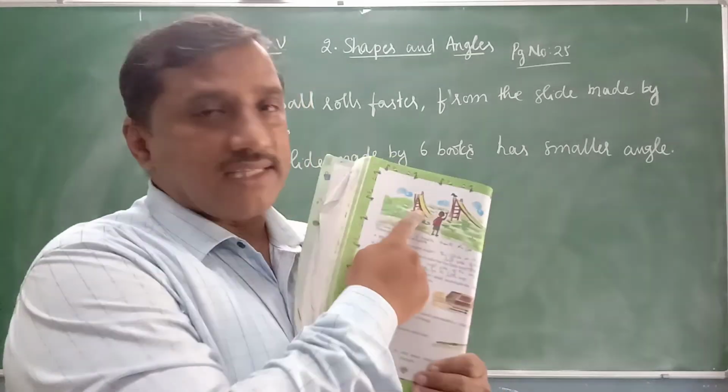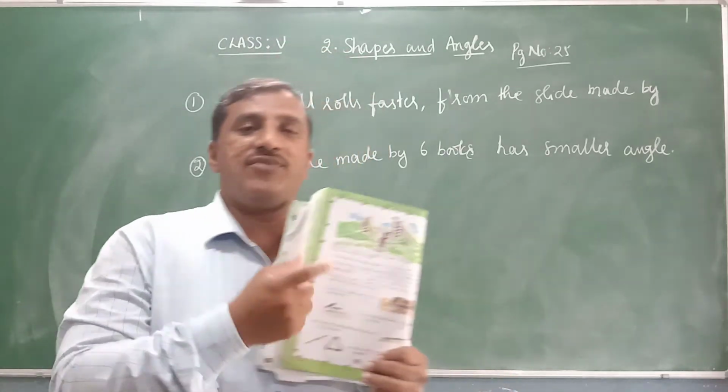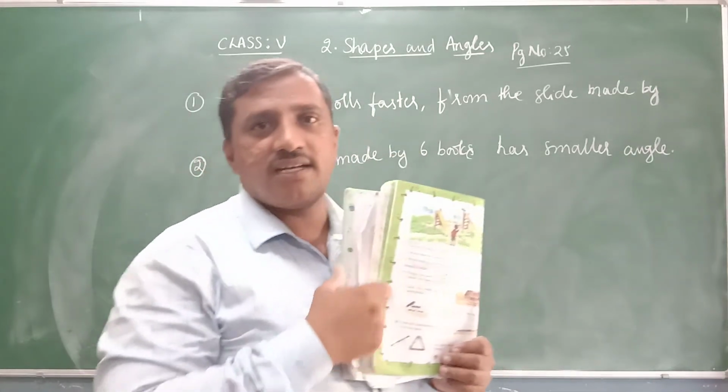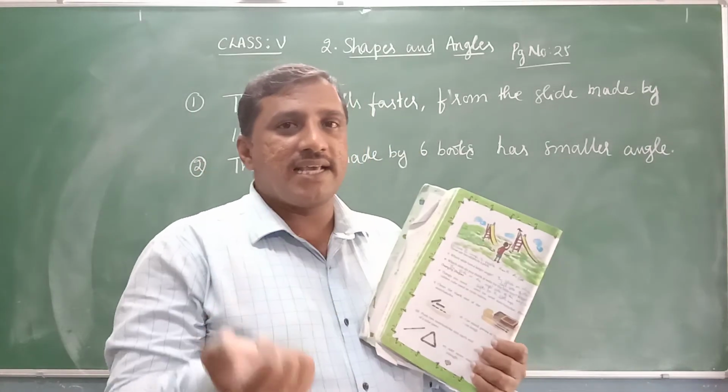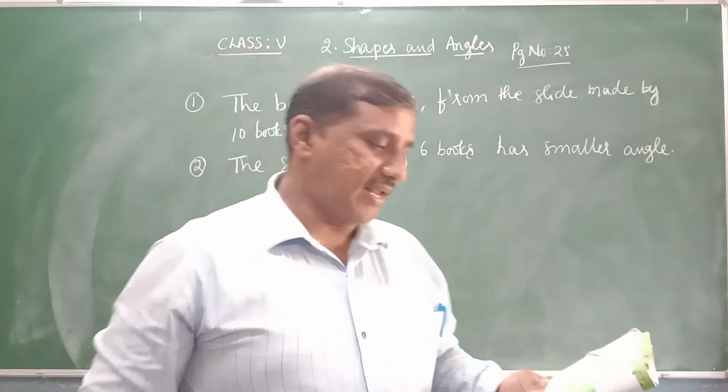If they use the left side slide, where the slide angle is bigger, the children will come down faster and faster, so that they may skid and some injuries may also take place.